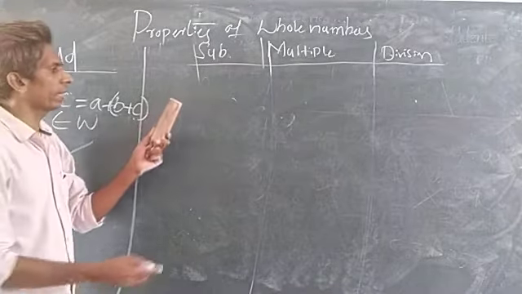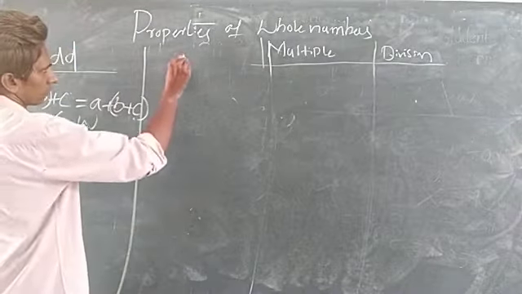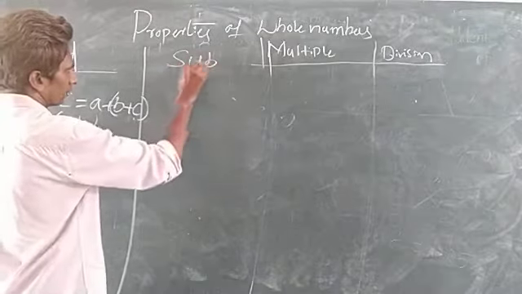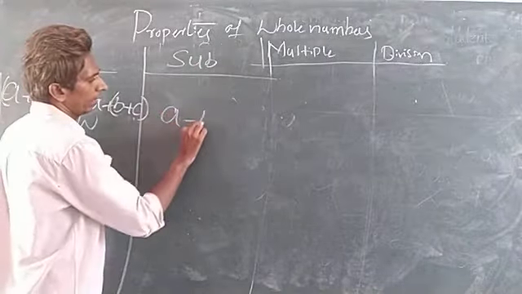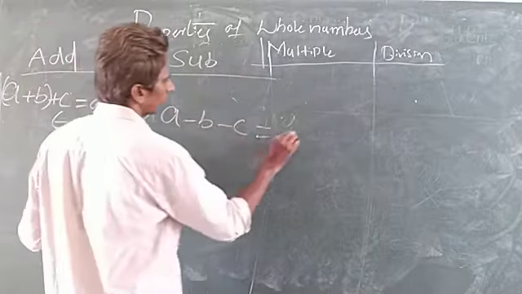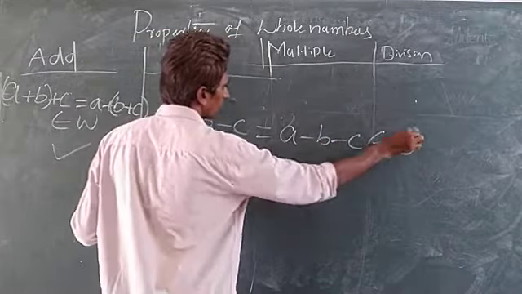Second one, in subtraction. So the condition is a minus b minus c is equal to a minus b minus c belongs to W.